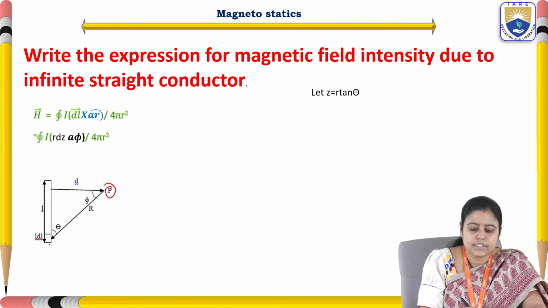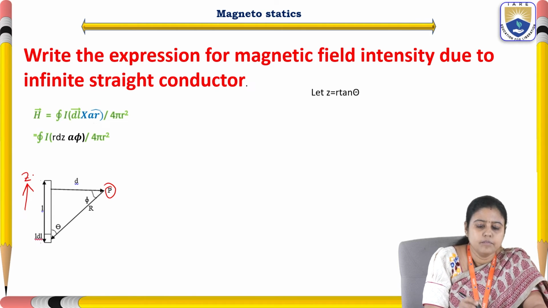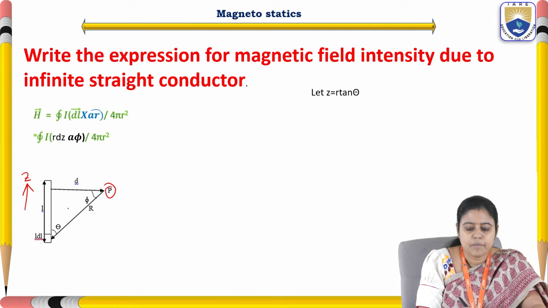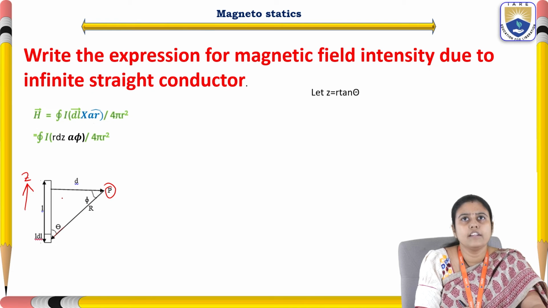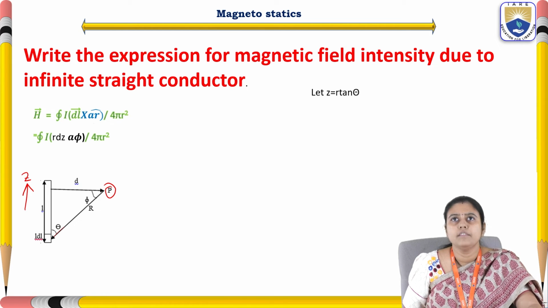Here dl is in the z direction, so we can write I dz, and if this is r, it is r dz into a phi by 4 pi r square. So the direction is a phi.